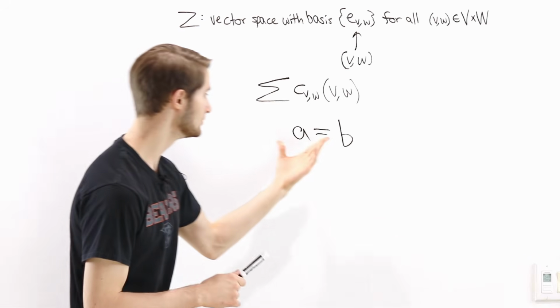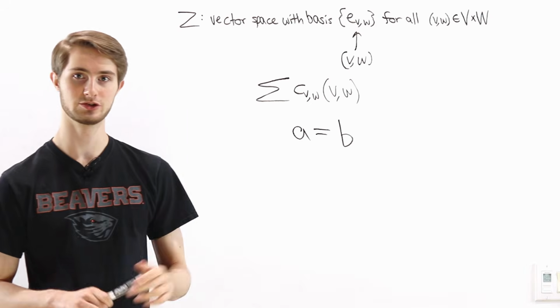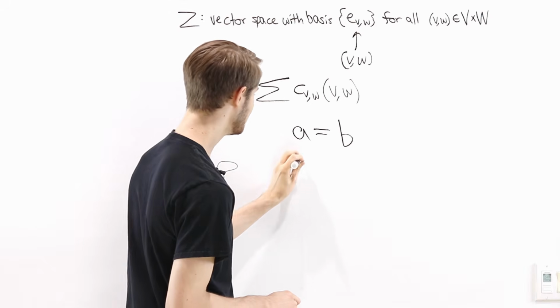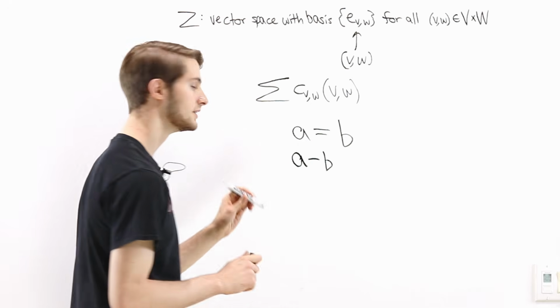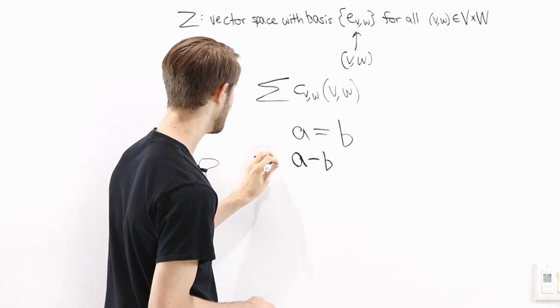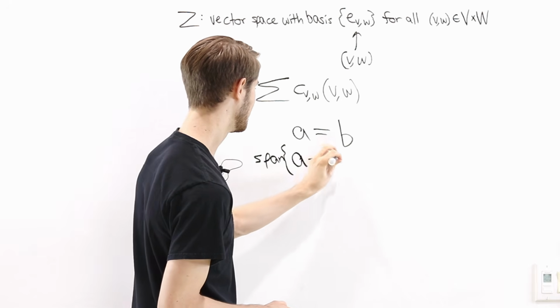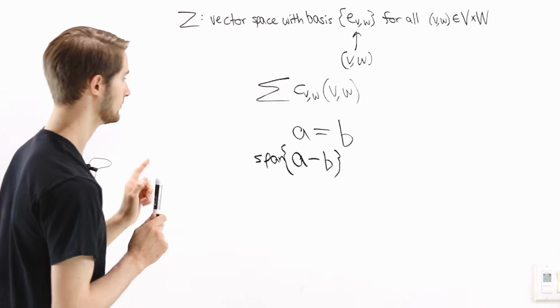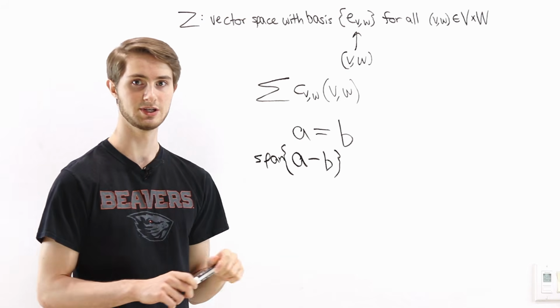We want to introduce this equation to the vector space. The way we do that is by considering the element a minus b. This is an element of the vector space, and we can take the span of this element. That gives us a subspace of the vector space containing all of the multiples of a minus b.